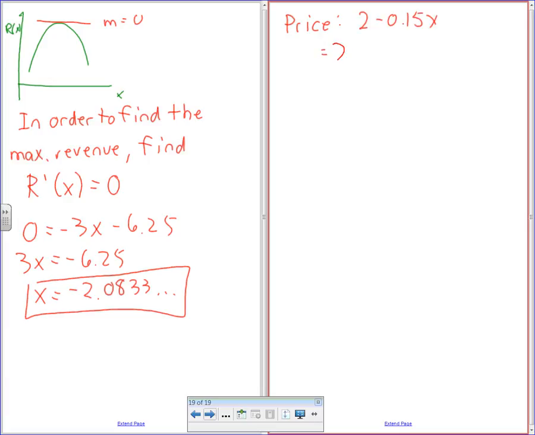So your price is going to be 2 minus 0.15 times negative 2.08333. I can't do that in my head. 231 or something like that. How much? 230 or 231? 231.